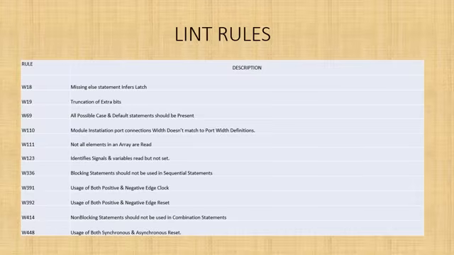W336 checks for blocking statements which should not be present in sequential statements. W391 checks if both positive and negative edge clocks are used. 392 checks if both positive and negative edge resets are used. And 414 checks for non-blocking statements which are used in combinational statements. And 448 is used for both synchronous and asynchronous resets.